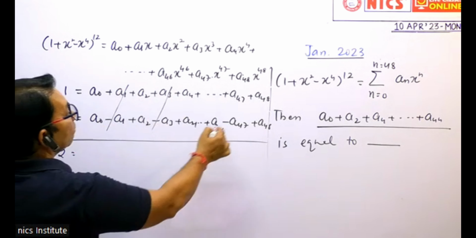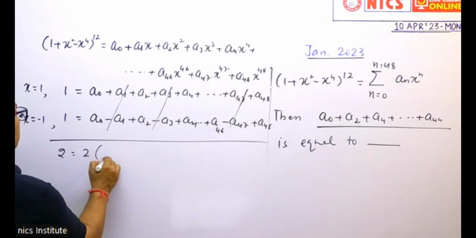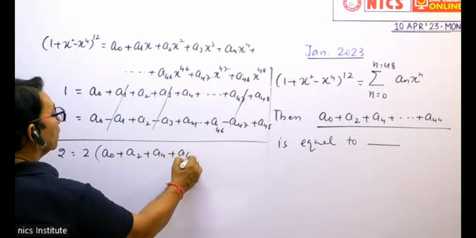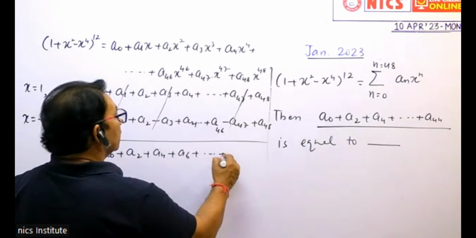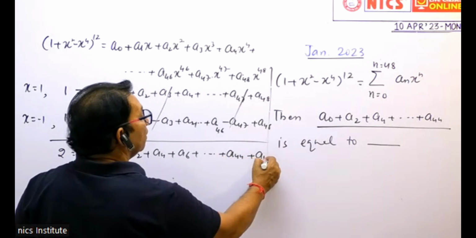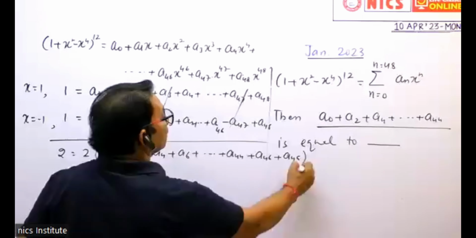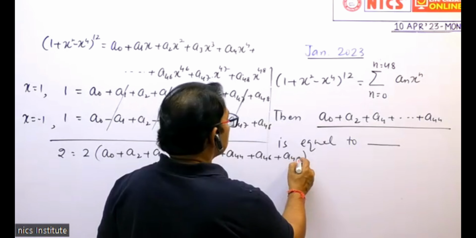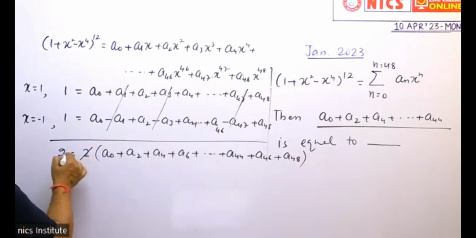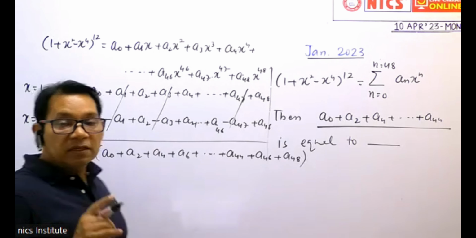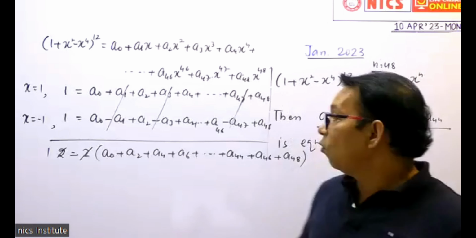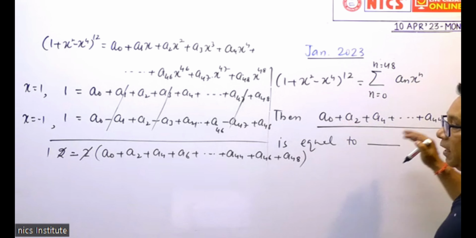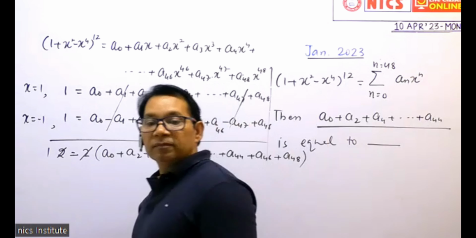These odd terms will get cancelled out. And this would be 2 times (a₀ + a₂ + a₄ + a₆ + ... + a₄₄ + a₄₆ + a₄₈). So till a₄₈, you'll get the sum. This 2 and this 2 will cancel out. So the answer would be 1. If this question was find the value of a₀ + a₂ + a₄ till a₄₈, you get your answer: 1.